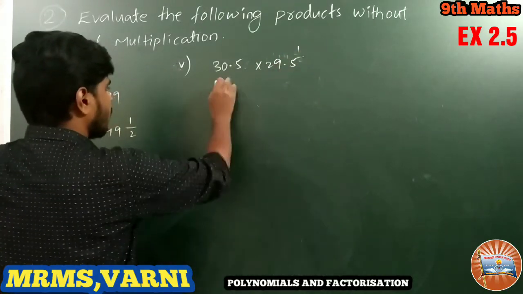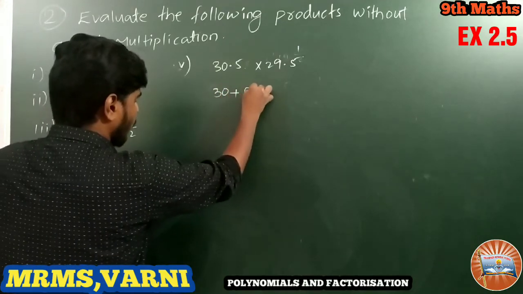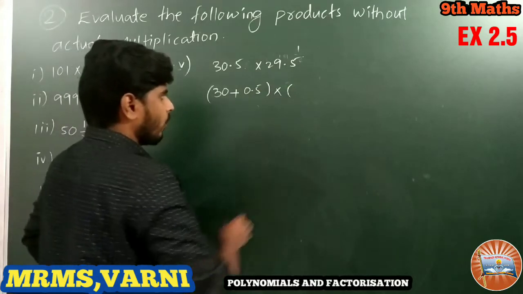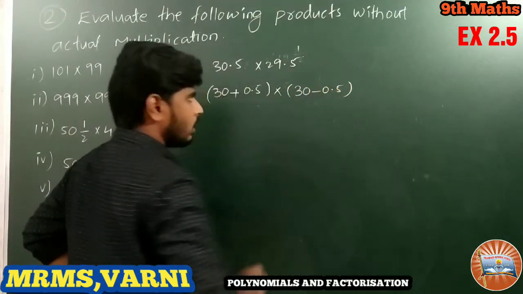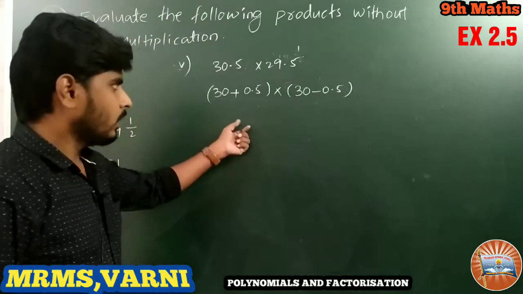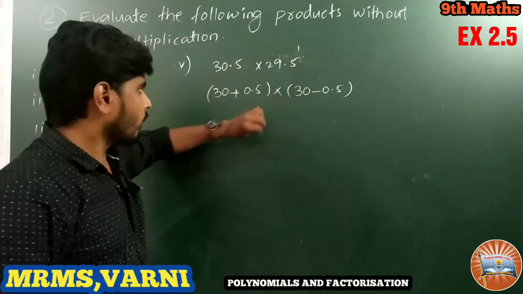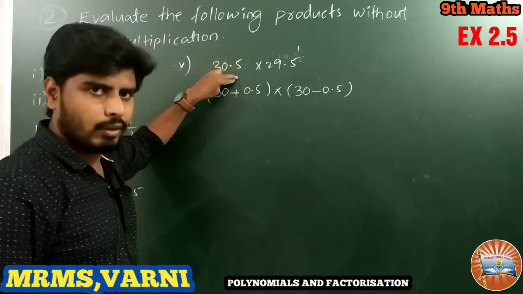Okay, this 30.5 we can write as 30 plus 0.5, and 29.5 we can write as 30 minus 0.5, isn't it? 30 minus 0.5 is nothing but 29.5, and 30 plus 0.5 is again nothing but 30.5. Okay, right.